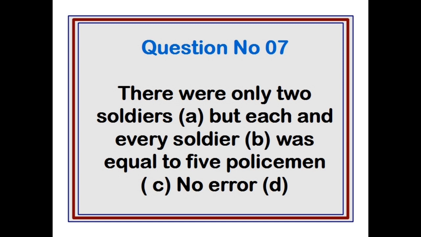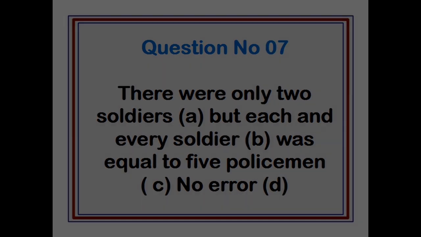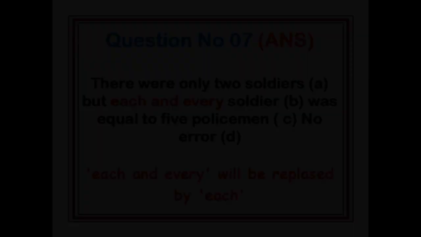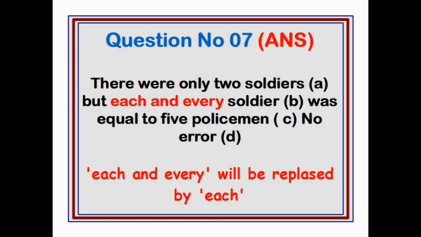Look, when we use each, we can use it for two or more than two persons or things. But each and every, or every, should be used only for more than two persons or things.